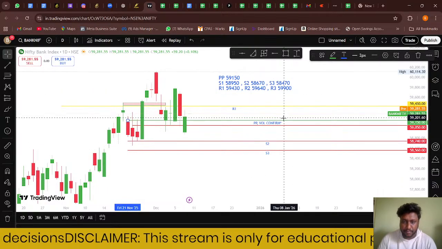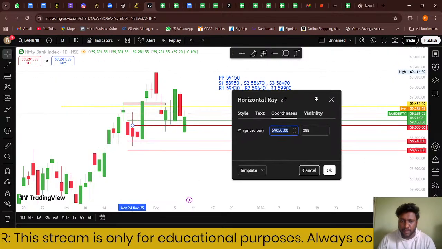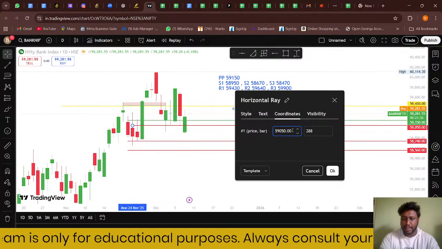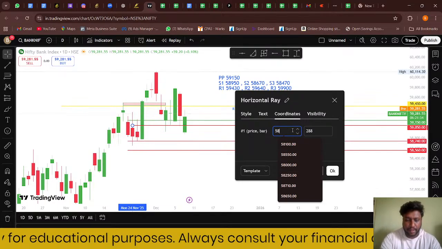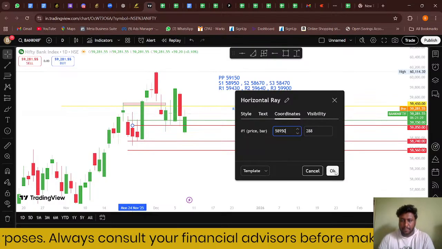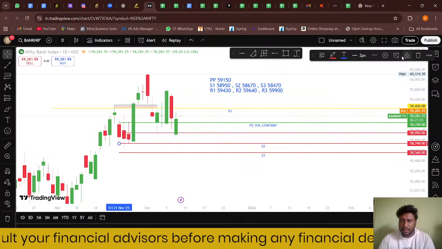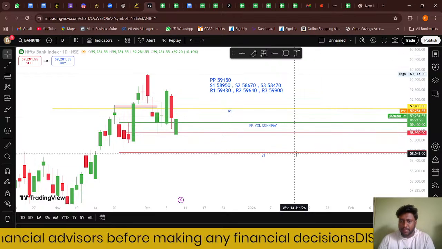With respect to support 1, it is 58,950. So these are the three levels with respect to Bank Nifty.